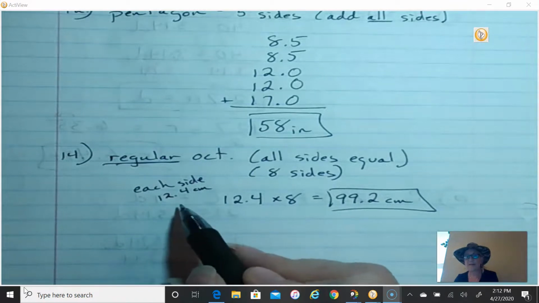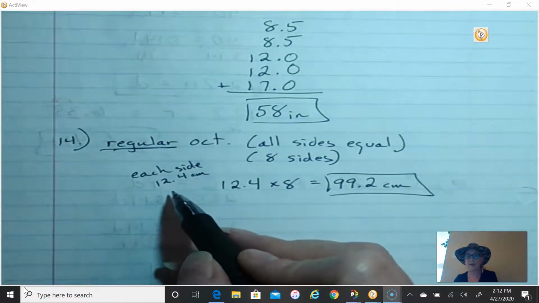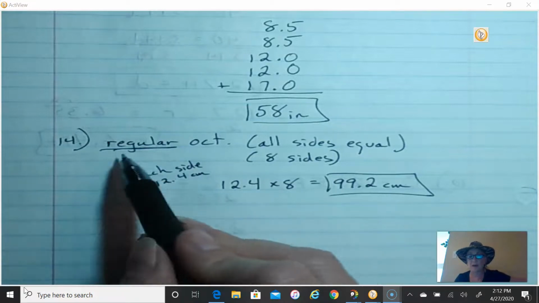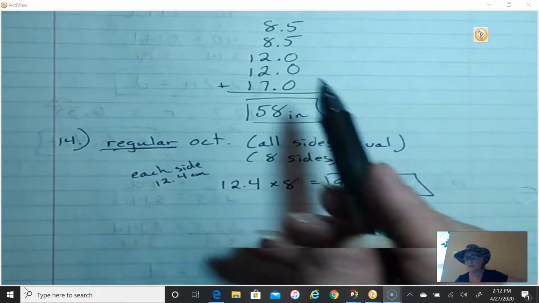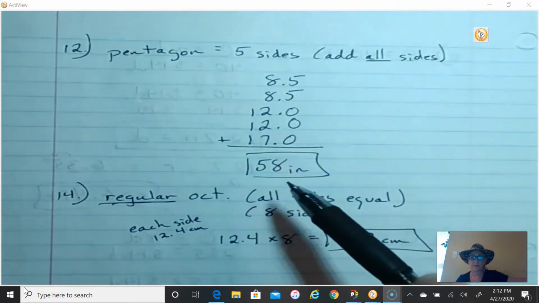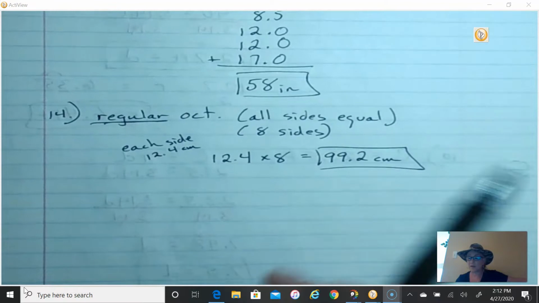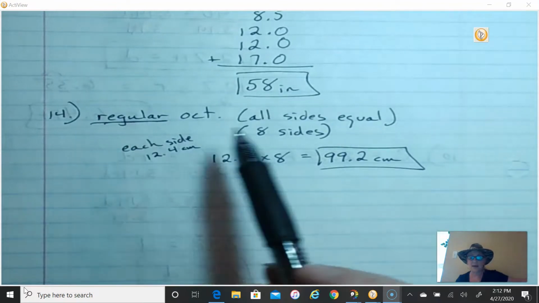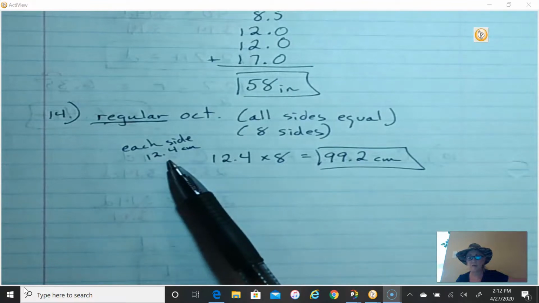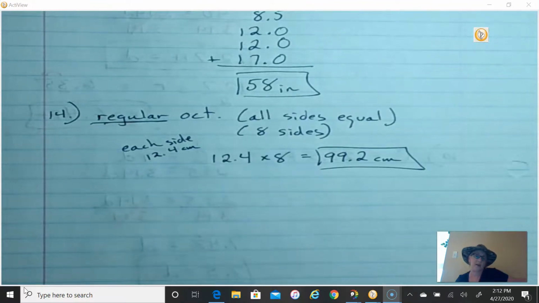So if one side is 12.4 centimeters, then each side is 12.4 centimeters because it's a regular octagon. This one up here, that pentagon, was definitely not regular because the sides were different. But a regular polygon is going to have all the sides the same. If they give you the measurement of one side, all you have to do is multiply it by however many sides and you're good to go.